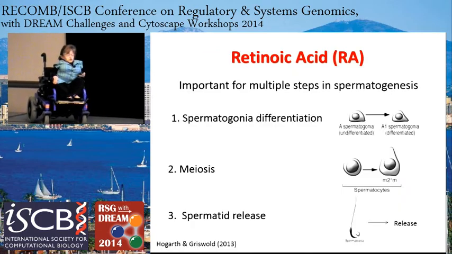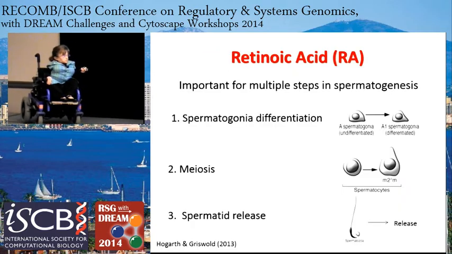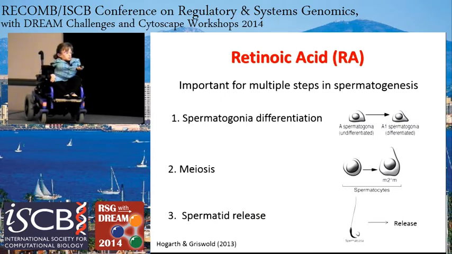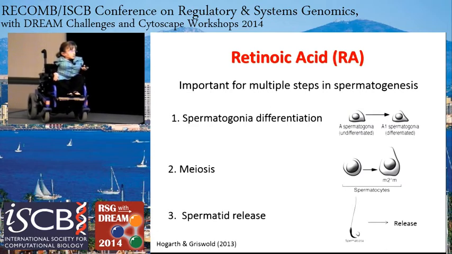And so retinoic acid, which is a metabolic derivative of vitamin A, which I'm going to be talking about more in a minute, is important for multiple steps during spermatogenesis, including spermatogonial differentiation, specifically A to A1, and then meiosis and spermatid release.